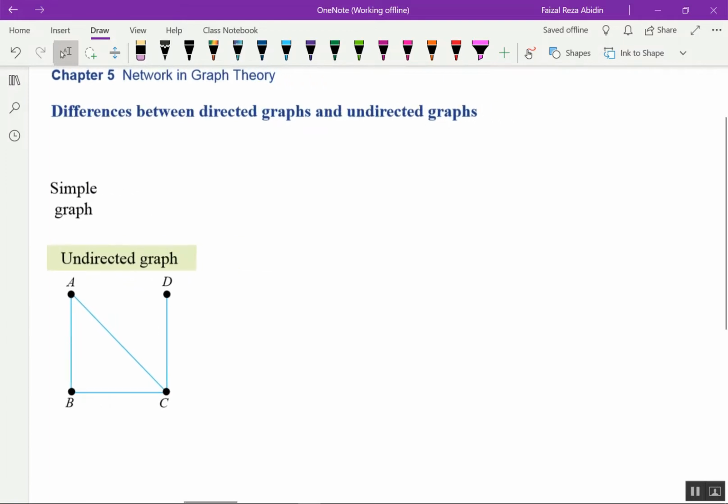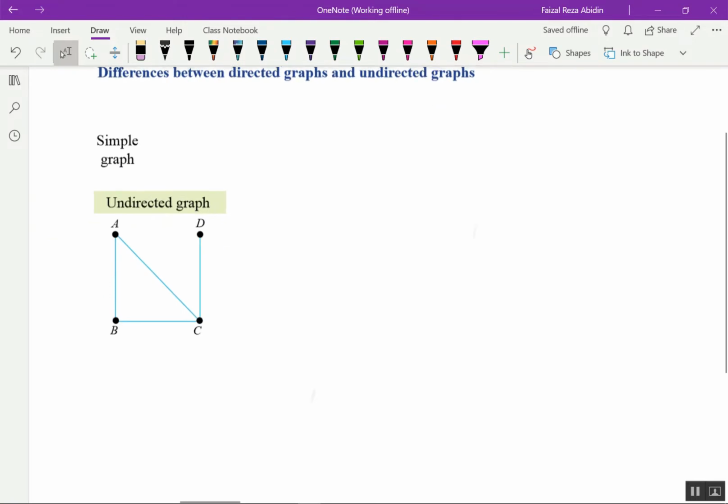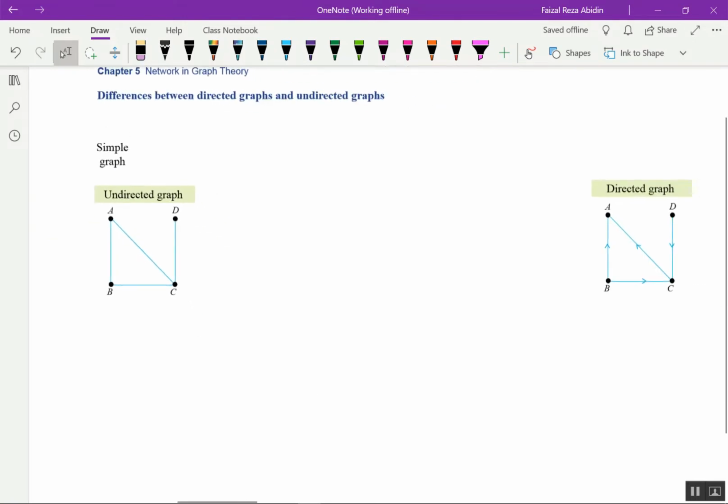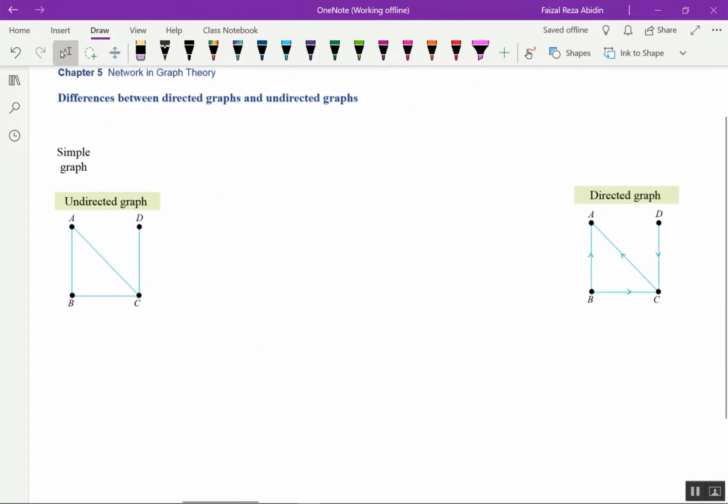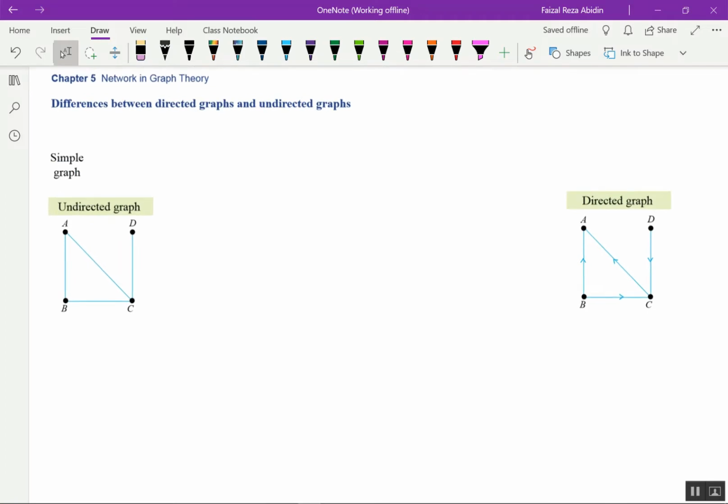Next, we are going to look at the difference between directed graph and undirected graph. We look at the undirected simple graph first. We have two differences: first is the undirected graph, meanwhile here is the directed graph.